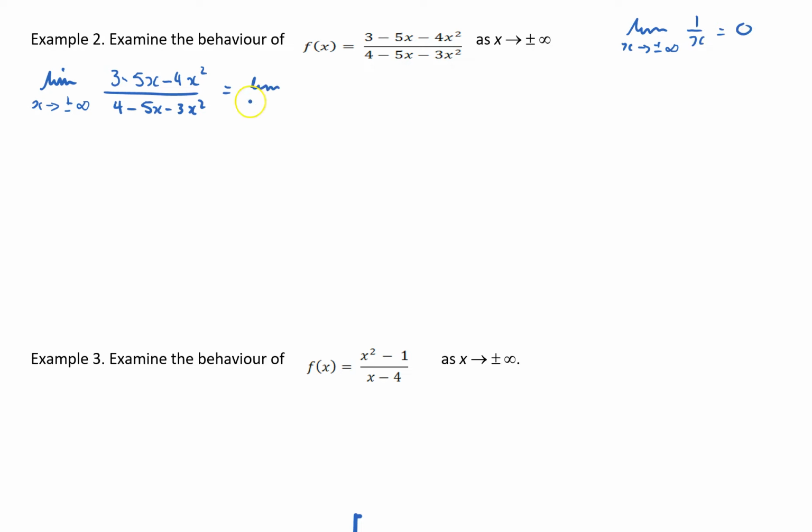So we want the limit as x approaches plus or minus infinity of, and of course the highest power in the denominator is the x squared, minus 5x on x squared minus 3x squared on x squared.